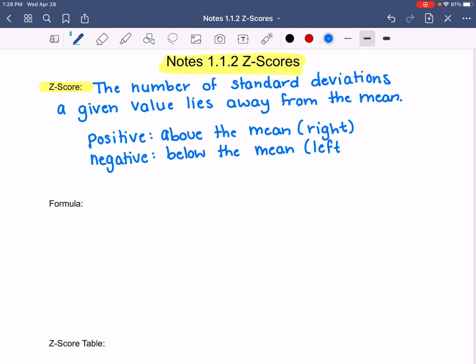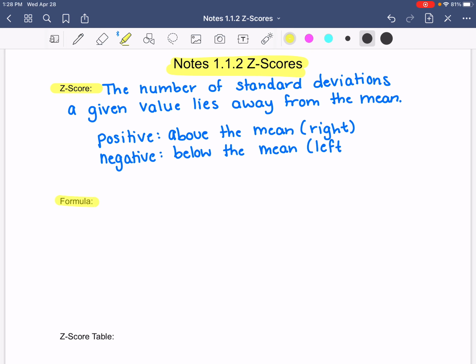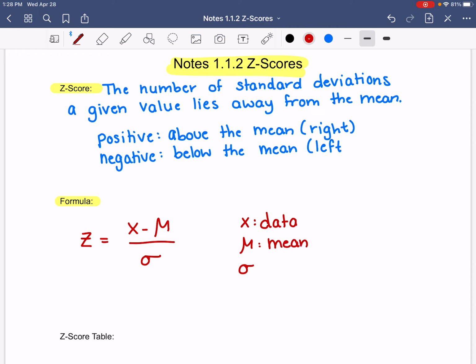We have a little formula that we're going to use to calculate the z-score. The formula for calculating z-score is z equals x minus mu over sigma. So x just represents your data, mu is just your mean, and then sigma is just your standard deviation.